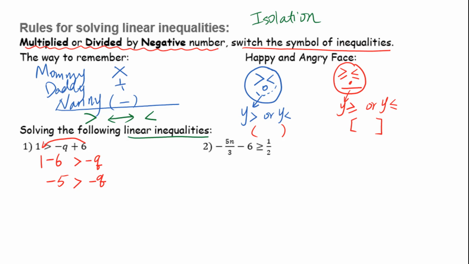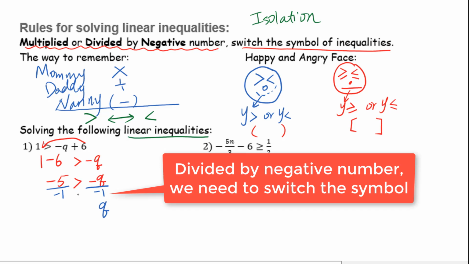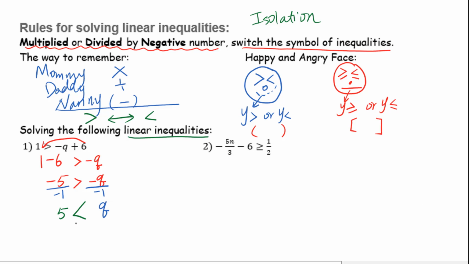Then you need to divide both sides by negative 1. You will get q. Change the symbol like this. Negative 5 over negative 1 is 5. How to read this inequality?